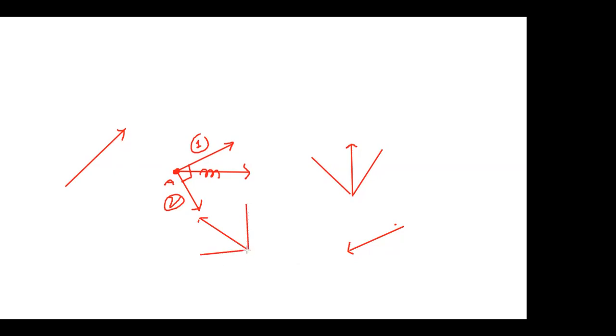Same way here I can draw one vertical and one horizontal. One I can draw horizontal, then definitely second will be vertical. They are called rectangular components. Have you followed the meaning?